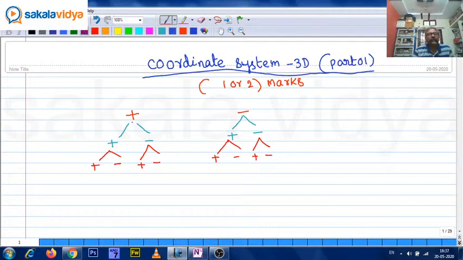Plus plus plus: all 3 coordinates are positive, x comma y comma z. That is one octant.